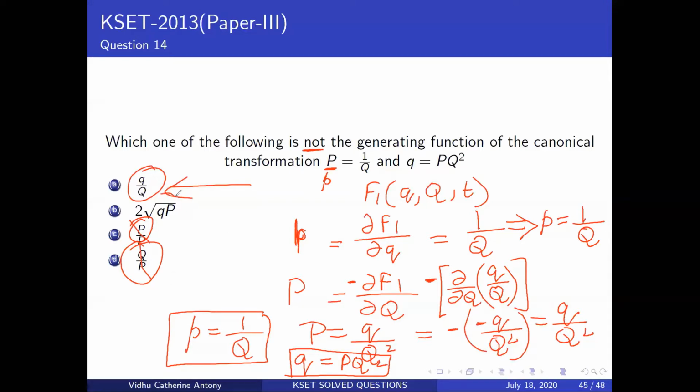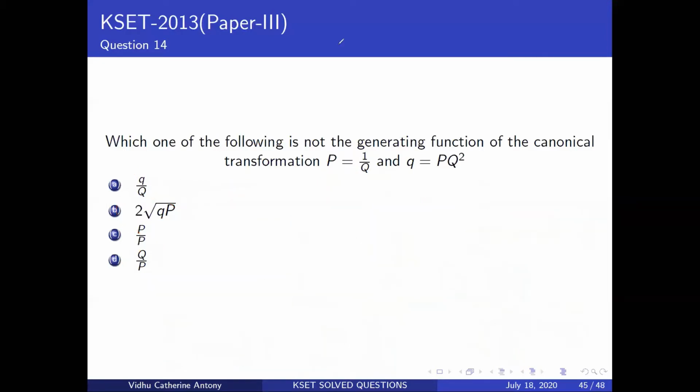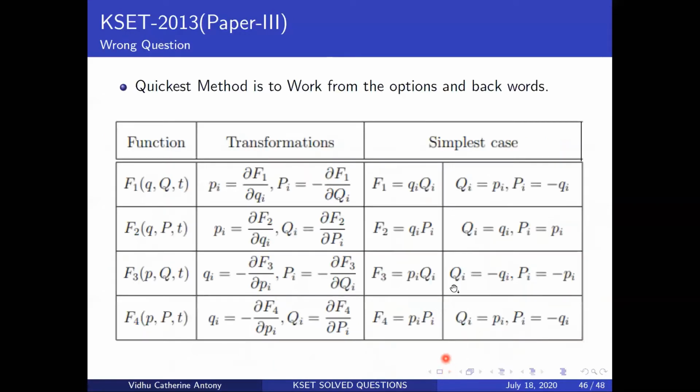Now the only thing that you have to check is this one, 2 root of QP. Do that as homework and get back to me on it. So this is a wrong question. Again, the quickest method here too is to work from the options backwards rather than trying to find the generating function from the transformations that have been given to you.